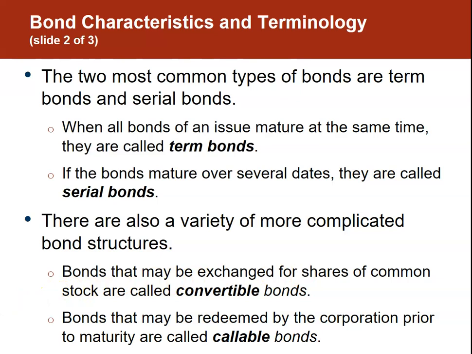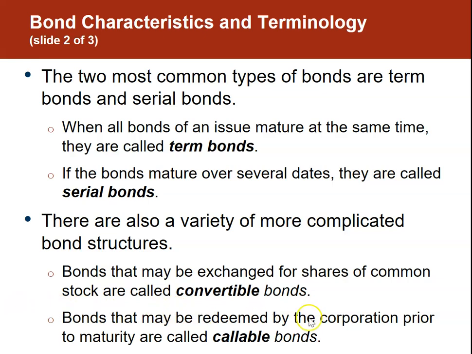We haven't learned about stock just yet. So a convertible bond gives the holder the option of remaining a creditor or converting to stock ownership, i.e. they would no longer be a creditor of the company, they would be an owner of the company. And again, we'll get to stock more in the next chapter.